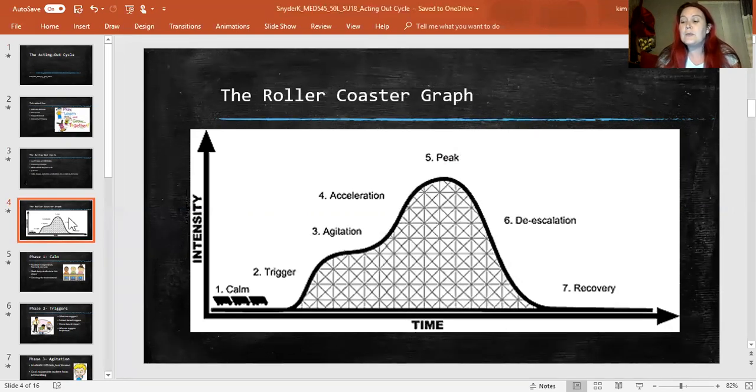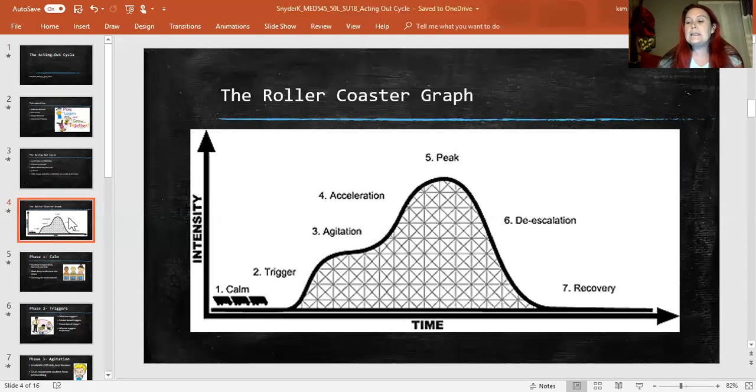This phase has the potential to last a long time before moving into the acceleration phase. Without intervention and support, behaviors will continue to accelerate until peak behaviors are exhibited. These behaviors will begin to de-escalate with the help of teachers, and the student can begin the recovery phase, which is the final phase.